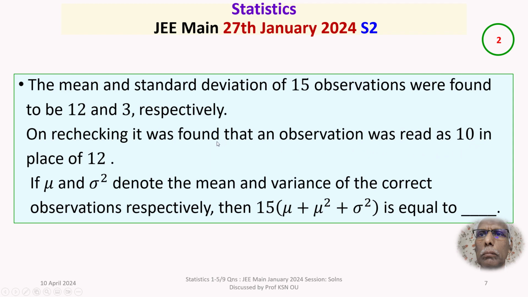So it was found that an observation was read as 10 in the place of 12. So if mu and sigma square denote the mean and variance of the correct observations respectively, then we are required to find 15 times, in brackets, mu plus mu square plus sigma square.